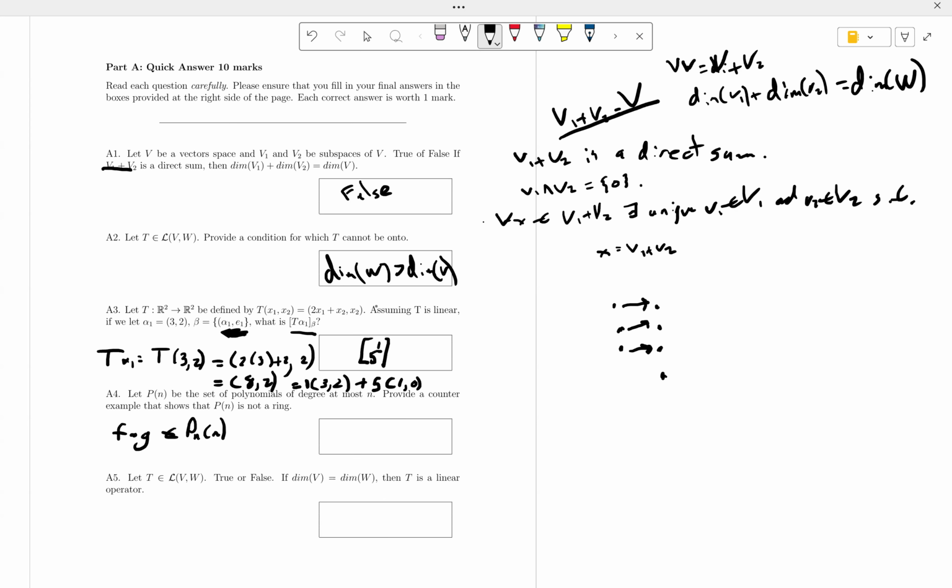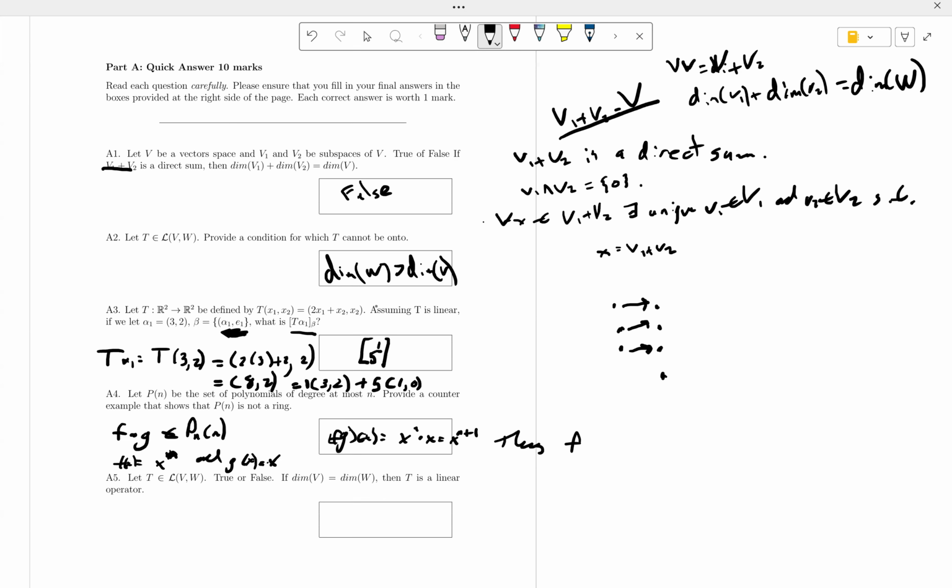So if I let f(x) equal x to the n and g(x) equal x, then fg(x) equals x to the n times x, which equals x to the n plus 1.